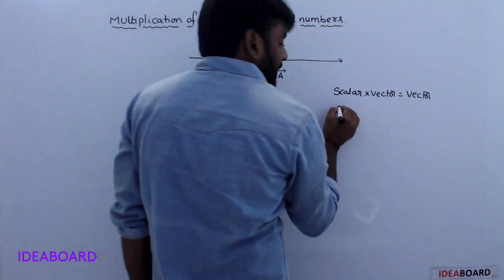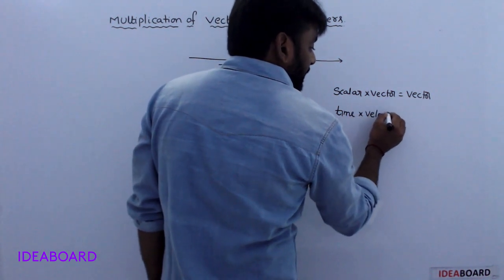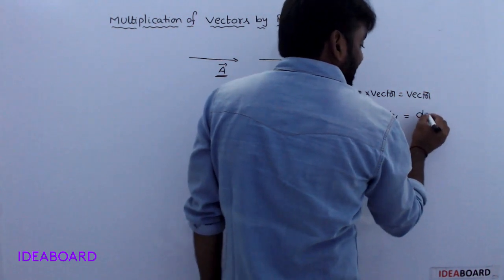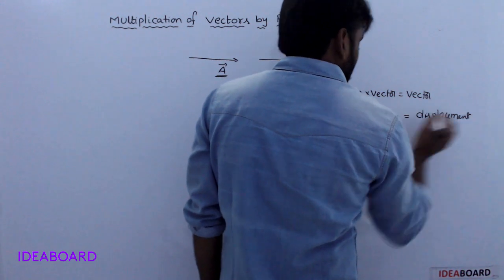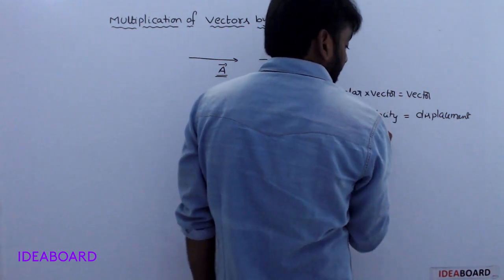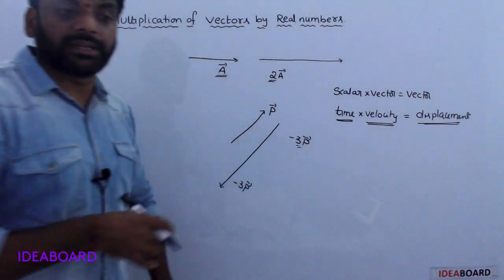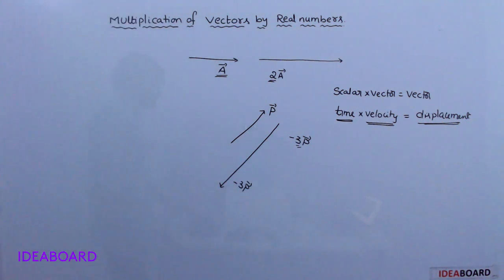Like time multiplied with velocity is equal to displacement. Time is a scalar, velocity is a vector, and the resultant is also a vector quantity. Understood?